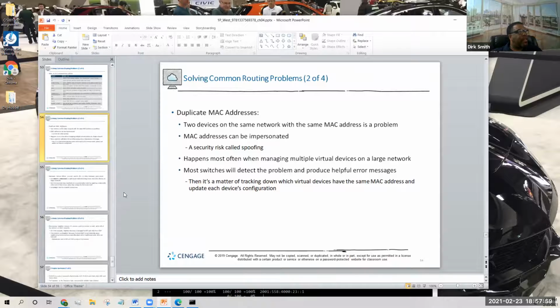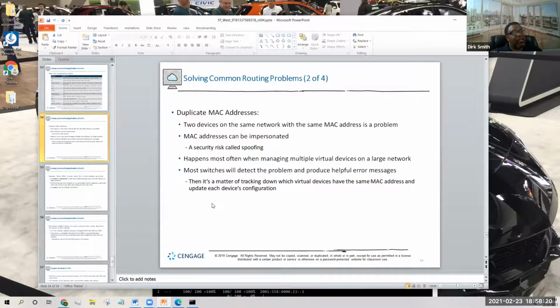Okay. Duplicate MAC address: two devices on the same network with the same MAC address is a problem. It's definitely. I've never seen a duplicate MAC address, but what I have seen is a duplicate IP address. Unless they're typing the MAC address in wrong, and that's hexadecimal, that's very hard to do. I've never seen that.